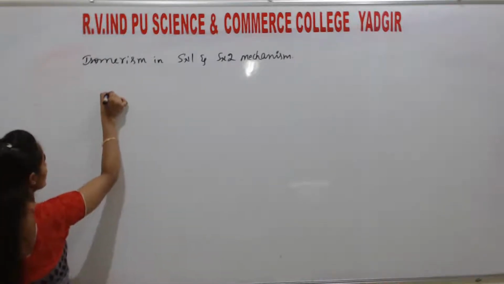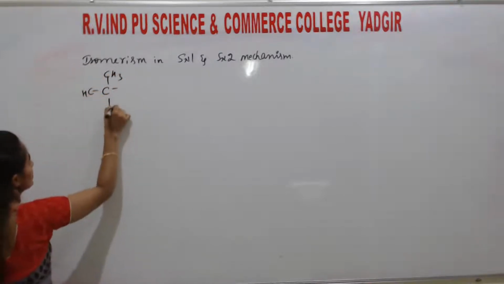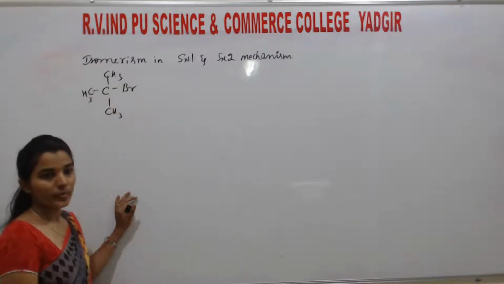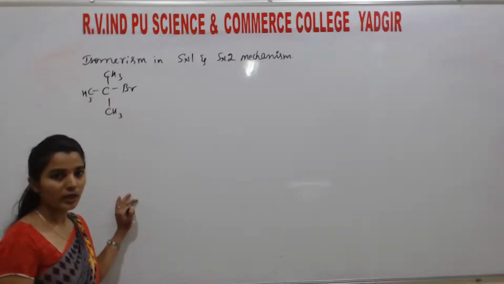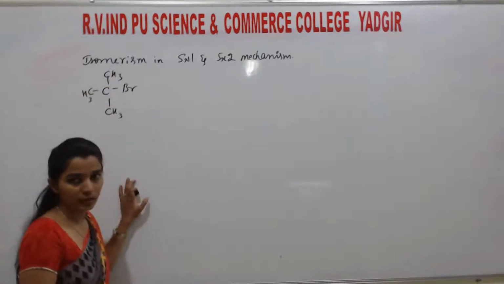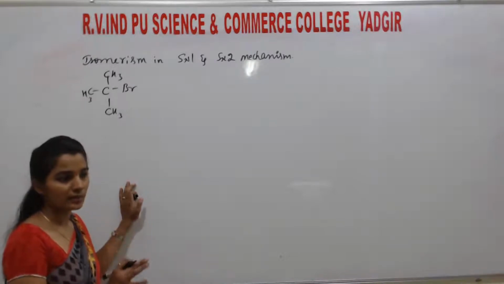SN1 mechanism means we take a tertiary alkyl halide, CH3, CH3, CH3, Br. Correct? This is not a chiral carbon because 3 CH3 groups are there. This is a symmetric carbon, not asymmetric.